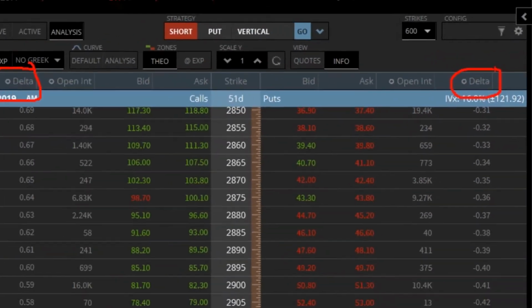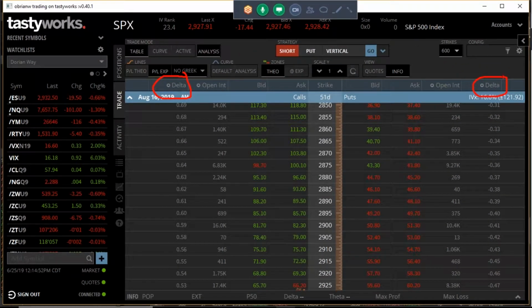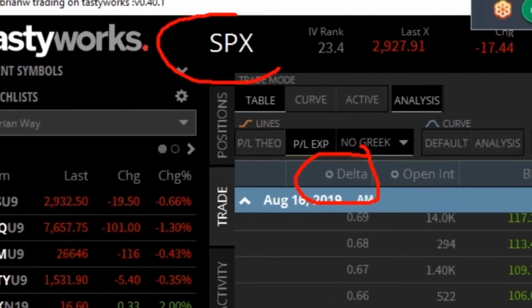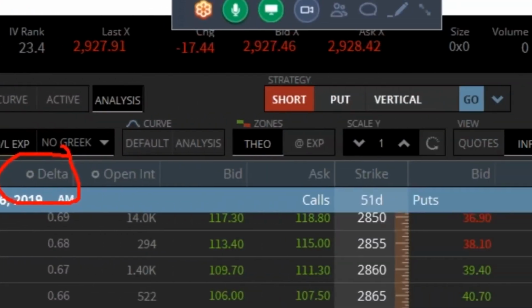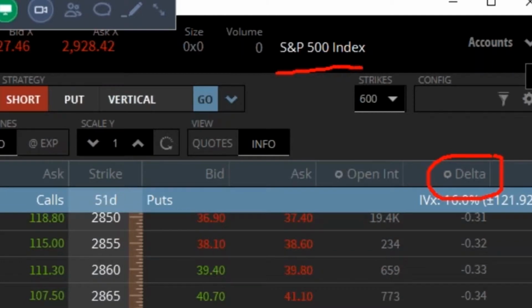As for directional risk, delta measures how much you will make or lose for every 1 point in an underlying. So let's say we're trading the SPX here, which is the S&P 500 cash settled index.